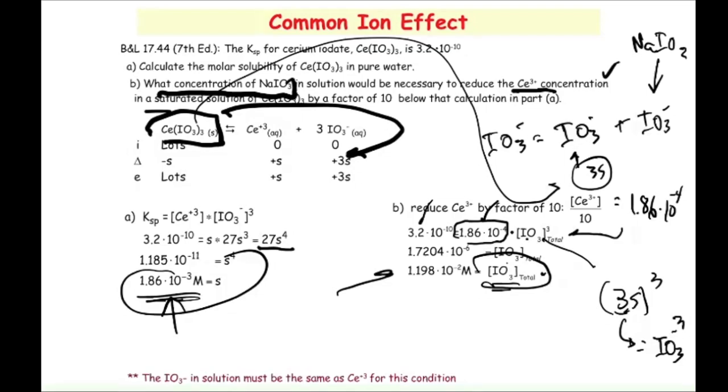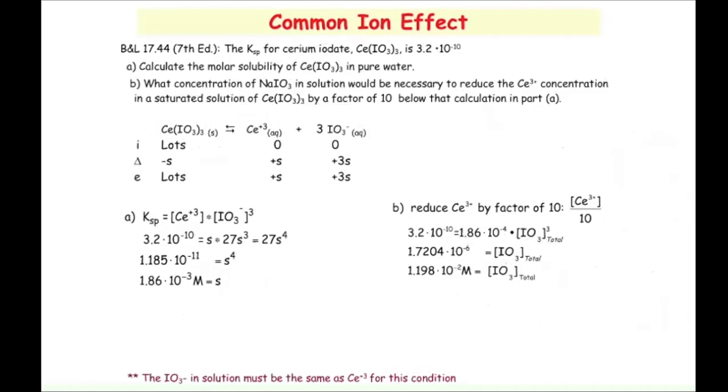What that is equal to, 1.98 times 10 to the minus 3, is equal to 1.86 times 10 to the minus 4 plus the amount of iodate from the sodium. So this is what you need to do further on.